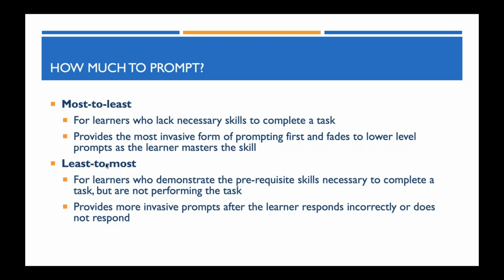So one thing to keep in mind is, again, ultimately we want our kids to be able to complete these tasks independently. That's the goal. So we have to think about, when we're teaching, what types of prompts can we use and can we fade more quickly. Some prompts, like verbal prompting and gestural prompting, are a little bit harder to fade.